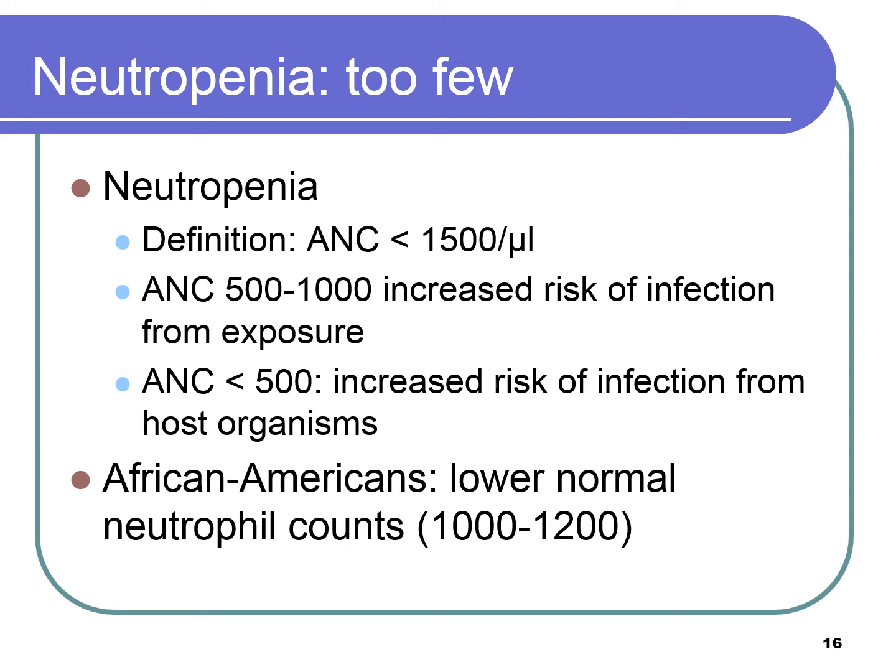If we have a neutrophil count between 500 and 1,000, we have an increased risk of infection from exposure. But if we have a very low neutrophil count, below 500, this patient has an increased risk of infection from host organisms, in other words, opportunistic infection. These patients are exposed to more opportunistic infection.